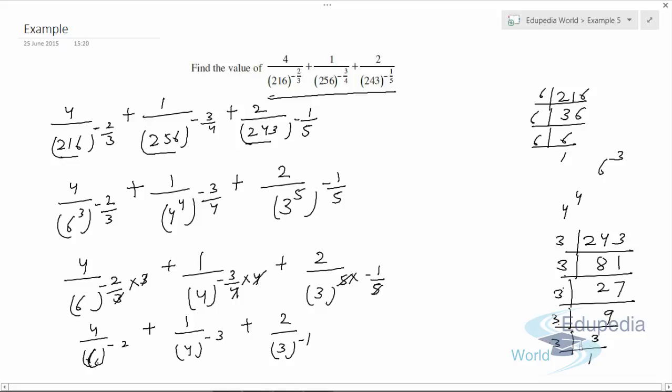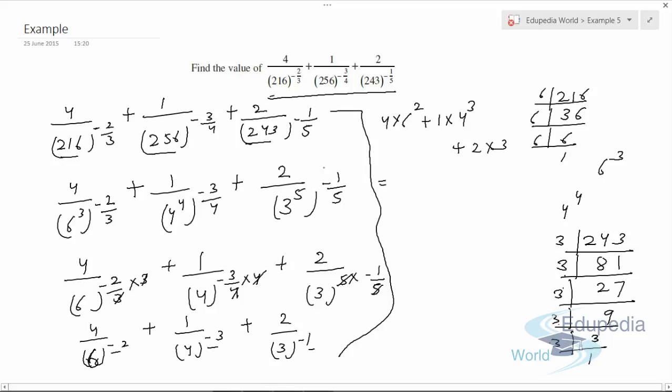Clearly we have powers with negative sign, so we can shift the numbers to the numerator. So it will become 4 into 6 square plus 1 into 4 raised to power 3 plus 2 into 3.